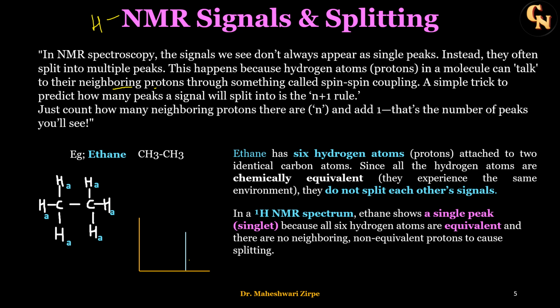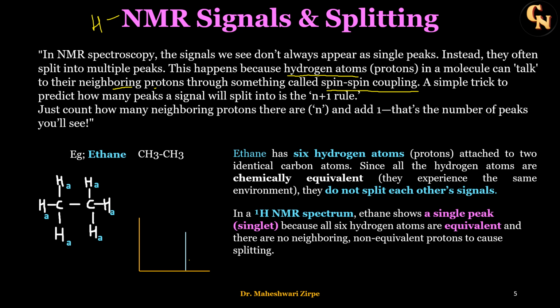Okay, so here the nucleus of the proton we are going to consider. So in HNMR the proton nuclei is going to give you the signals. Here the proton atom in a molecule has some interaction with the neighboring proton, which is known as spin-spin coupling.